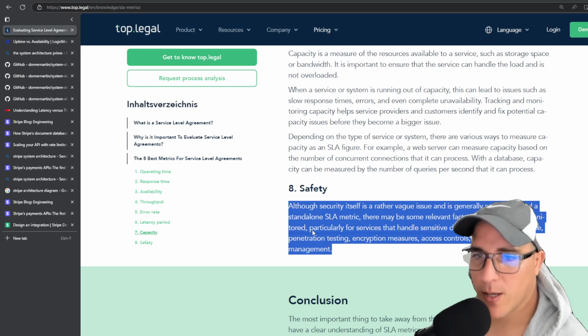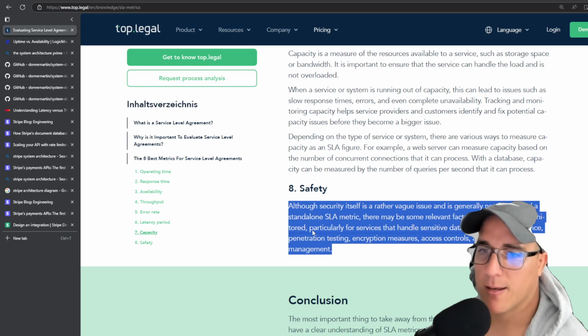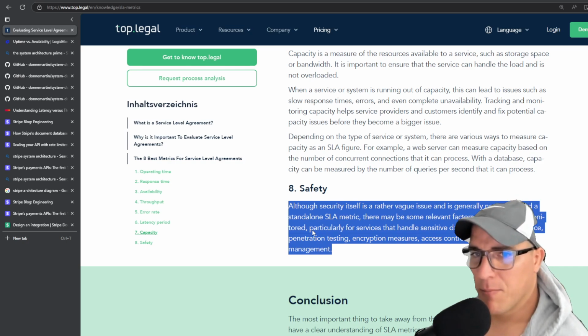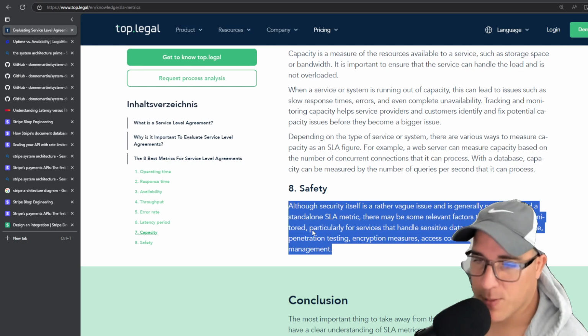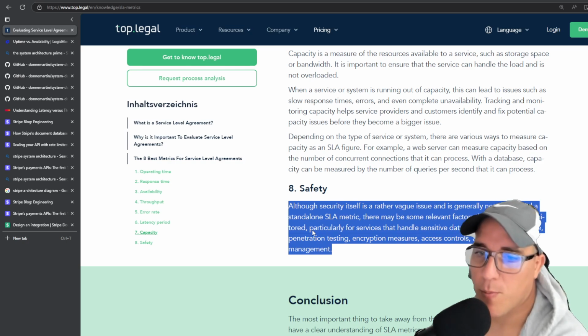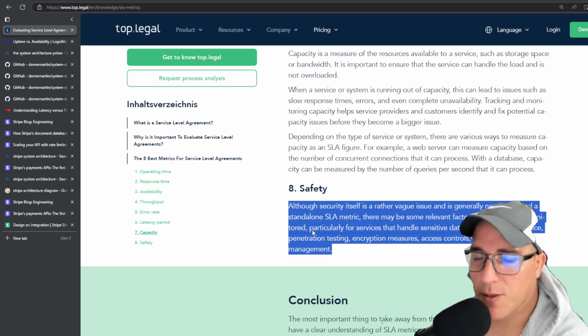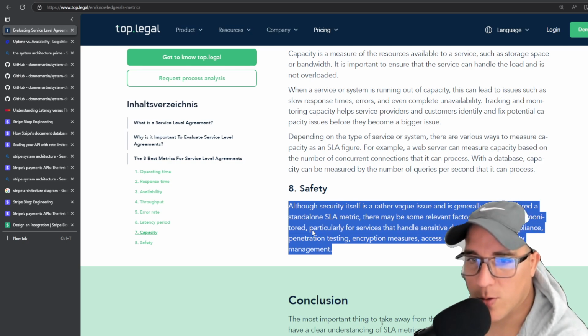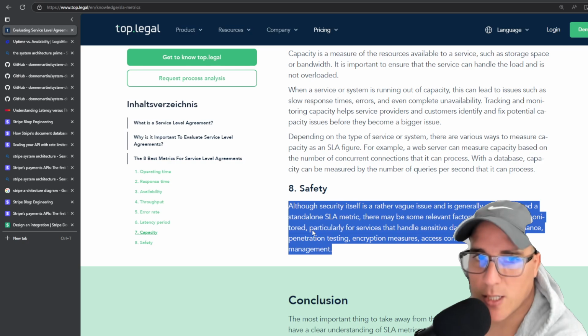In my last company, we focused a lot on security, and I really believe that this is a complex topic that shouldn't be included here, or maybe it should be included in service level agreements, but it should be handled by a specialist in security, in my opinion. Because a common developer or computer scientist is not a specialist in security.